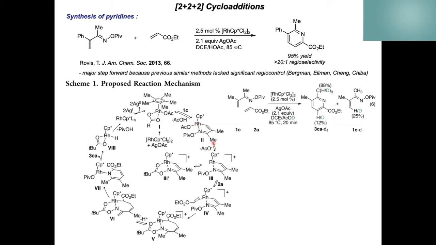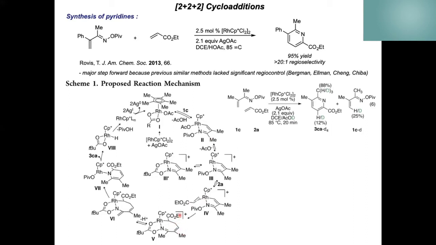This can then undergo a loss of acetate, and this really is one of the important roles here, is getting into a cationic rhodium center that allows for olefin coordination, subsequent insertion here.